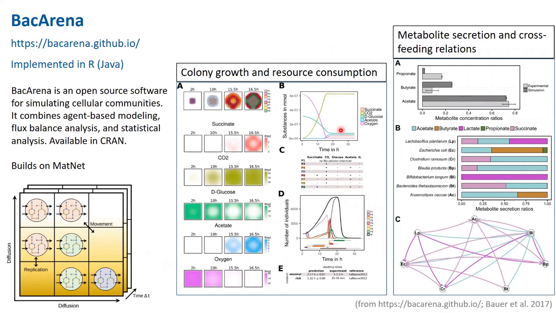The next software is Arena, which is again based on spatially explicit models. In each cell, you have a small metabolic network, and then you can model colony growth based on optimization for biomass, or you can model cross-feeding interactions.